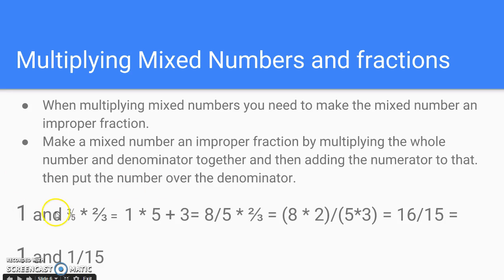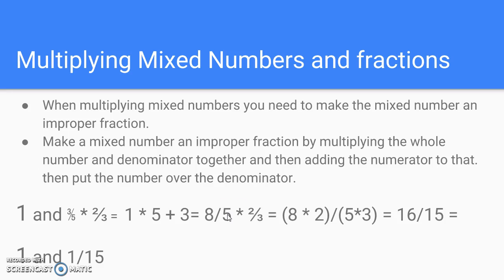So here, for this example, you've got 1 3/5, which is a mixed number, times 2/3, which is a fraction. We need to turn that 1 3/5 into an improper fraction. So you multiply the whole number 1 times 5, which is the denominator, plus 3, which is the numerator. So 1 times 5 is 5, plus 3 is 8, so therefore 8 over 5 is my improper fraction.